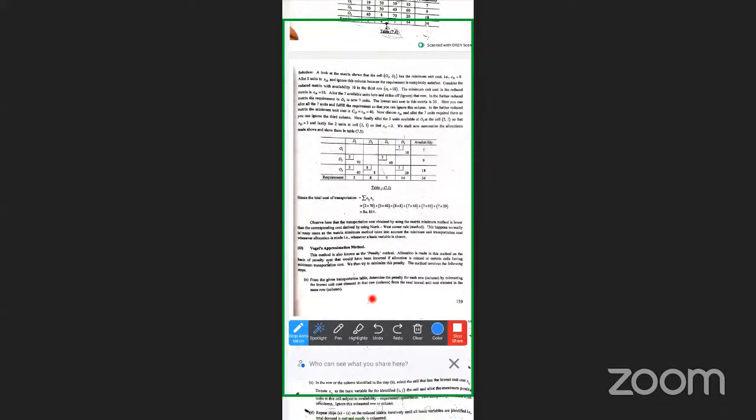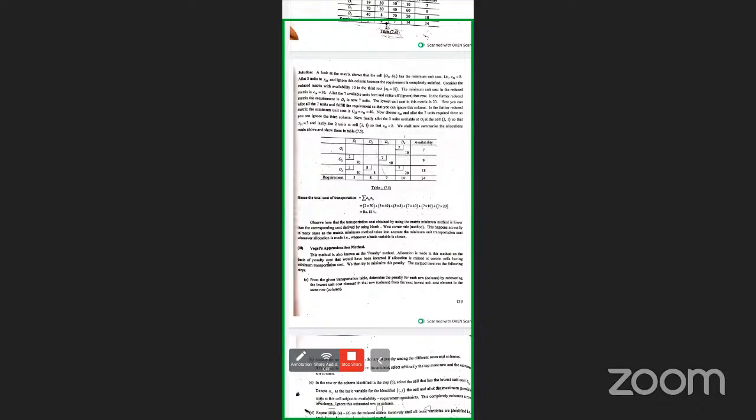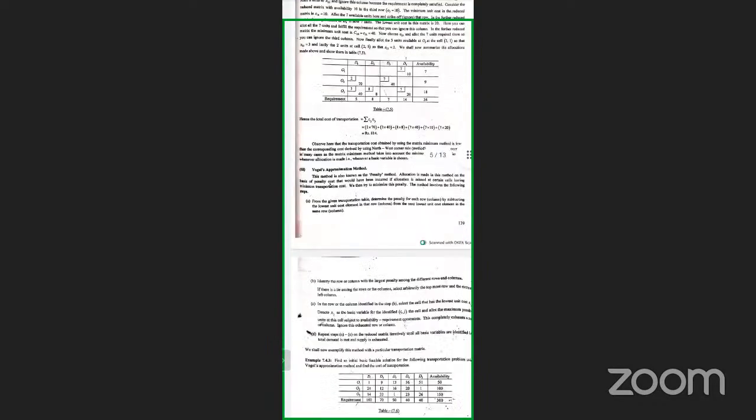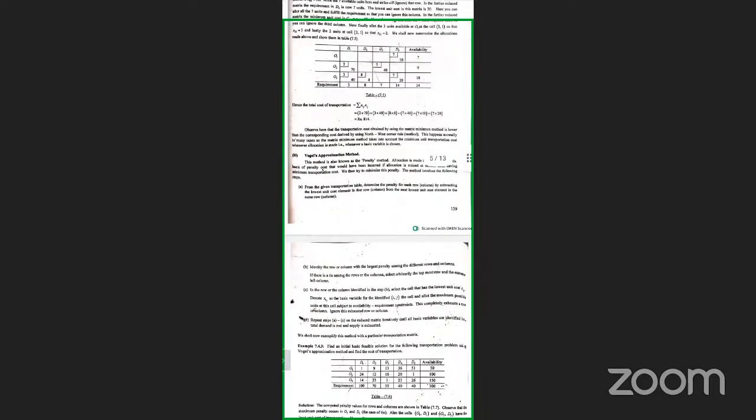So next, the third method, the VAM method, Vogel's approximation method. This method is also known as the penalty method.